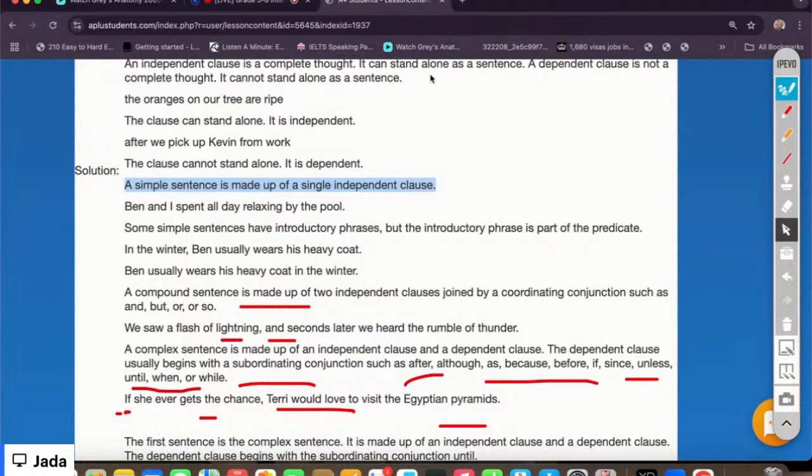So the rest of you, if you have any sentence, you can share with us. Let's see your sentences.